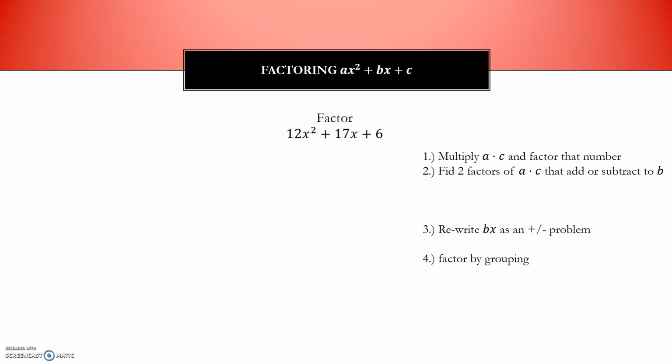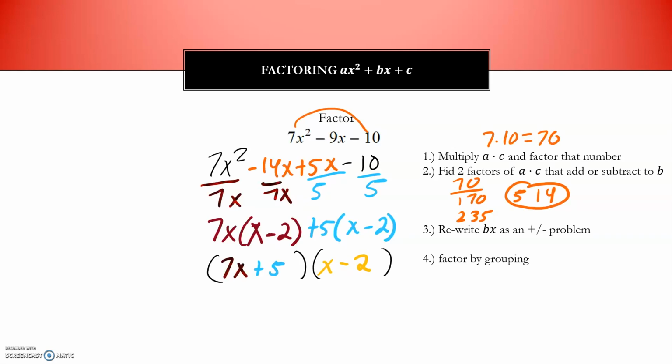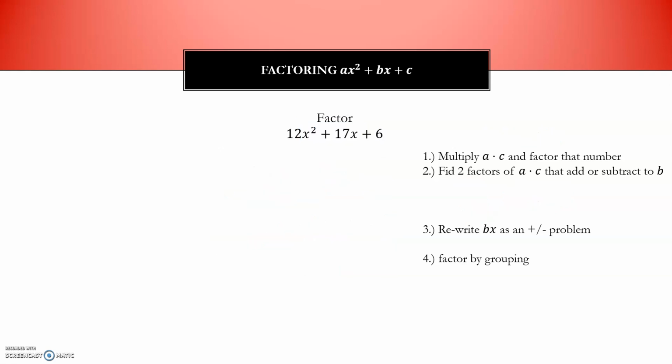The last one here is this one. Now this one is a little bit different because, as you will notice, in the first two we did, a was what is called a prime number, right? 7 has only two factors, one and itself. 12 is a composite number. It has multiple factors besides one and itself.